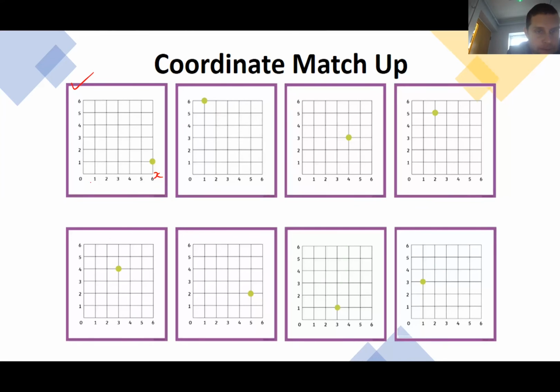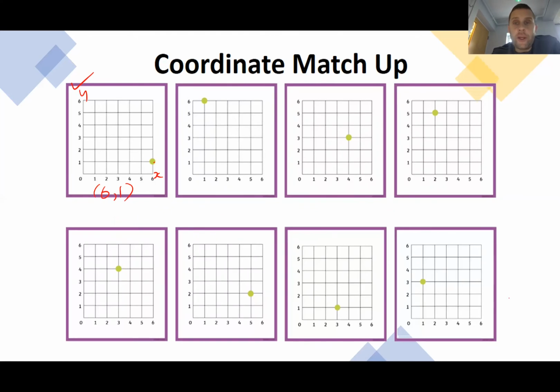So I put my bracket, 6 on my x-axis, my comma, and now I need to go up the stairs, up my y-axis. So I go all the way up, and I stop when I can see my green dot, and it's sat on number 1 on my y-axis. So I write 1 and close my brackets. So my coordinates for the first green dot is 6, 1.